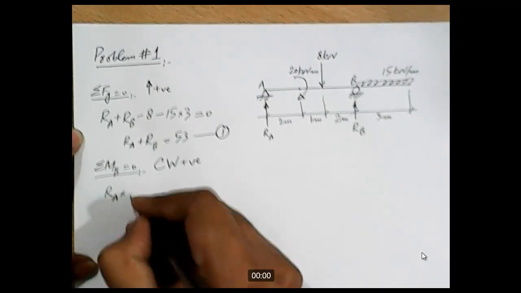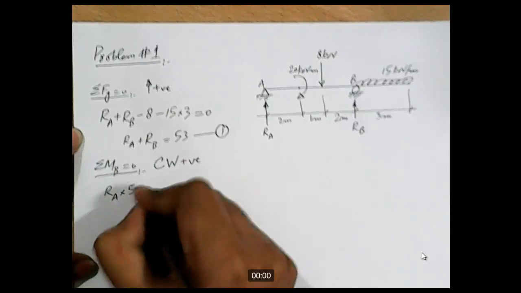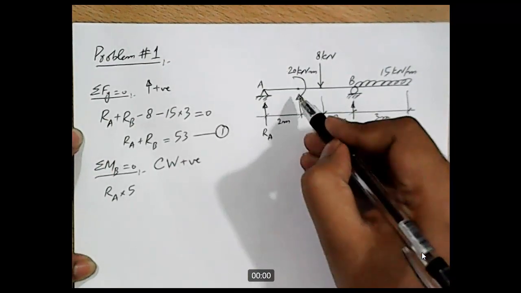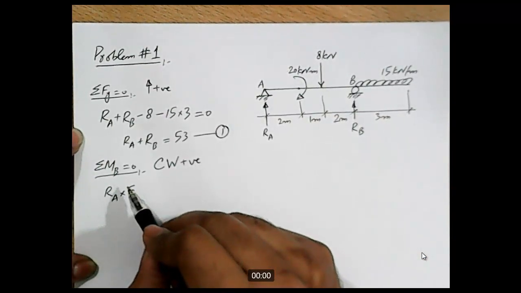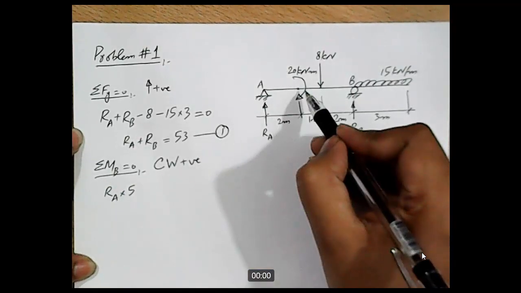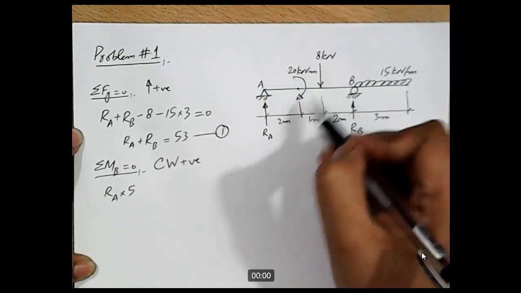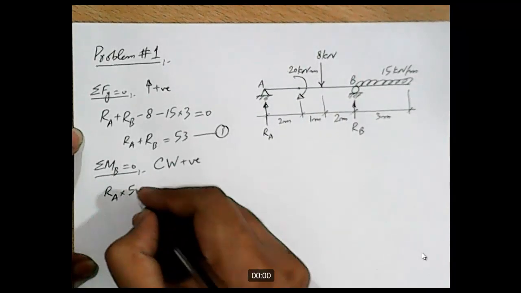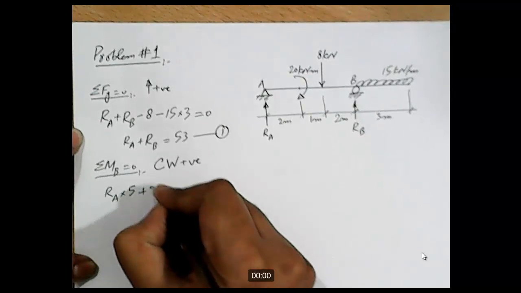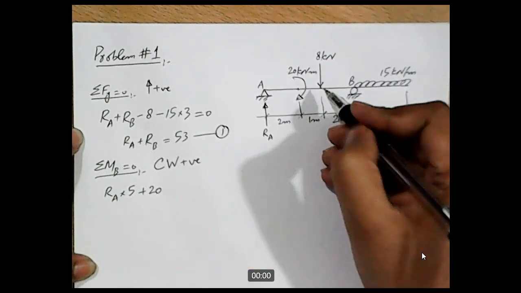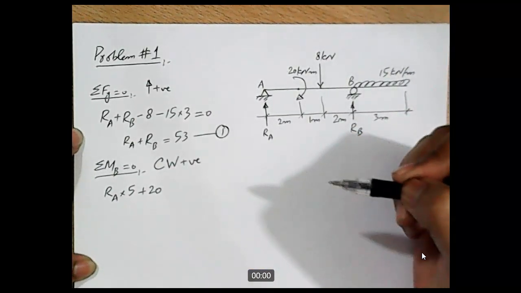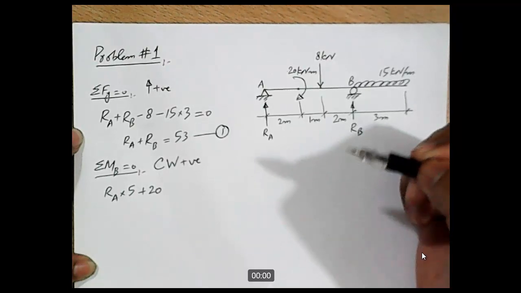RA into the lever arm, which is 5, and then we have this moment. It is in clockwise direction, so it should be positive 20, and as it is a moment by itself, we do not need to multiply it with any lever arm.